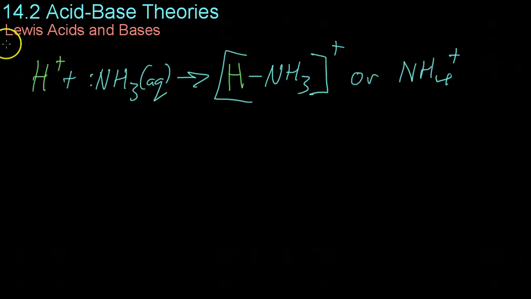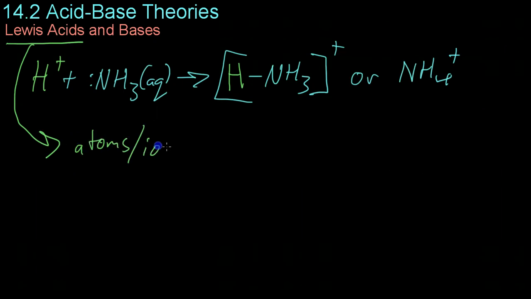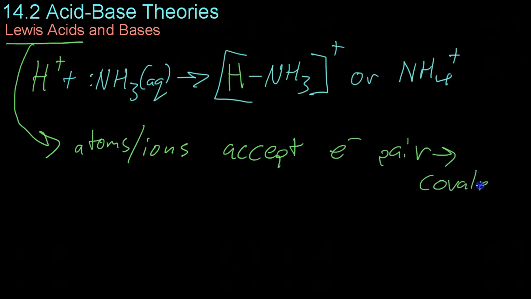So getting even more broad than the Arrhenius and Bronsted-Lowry definitions of acids, Lewis acids are any atoms or ions that accept an electron pair to form some sort of covalent bond.